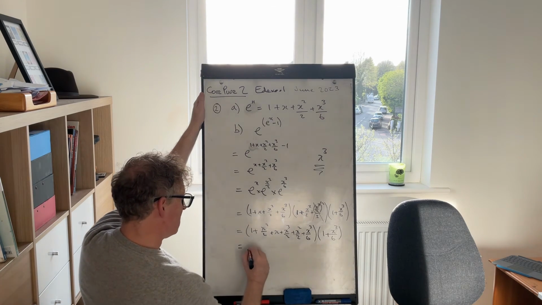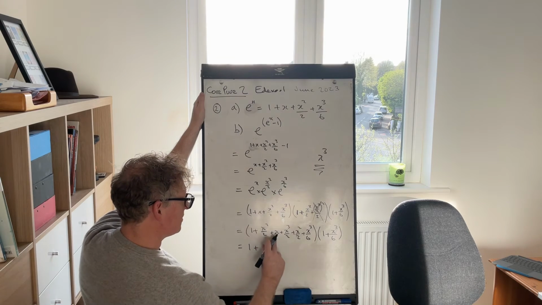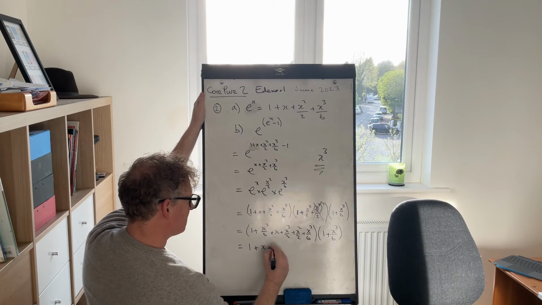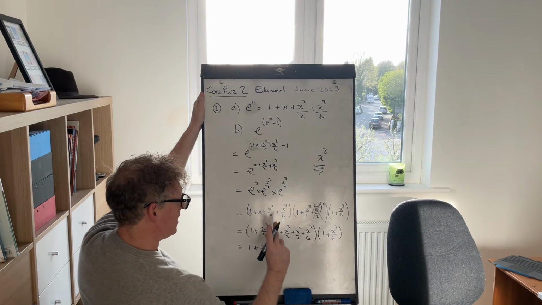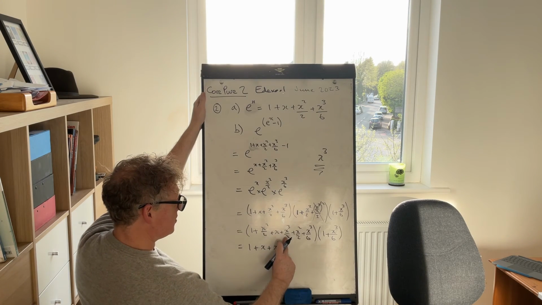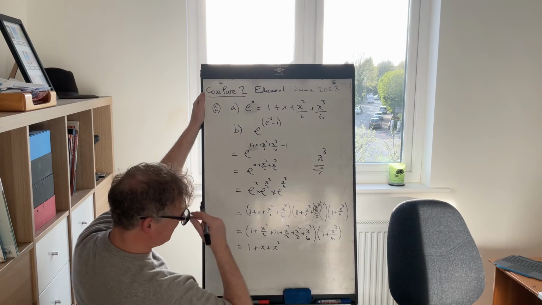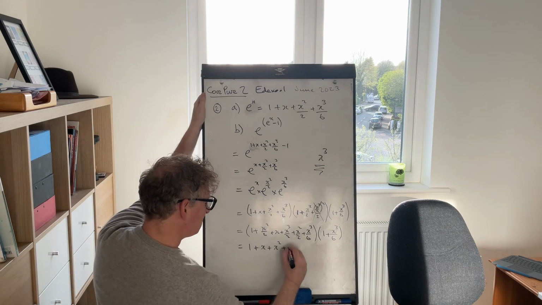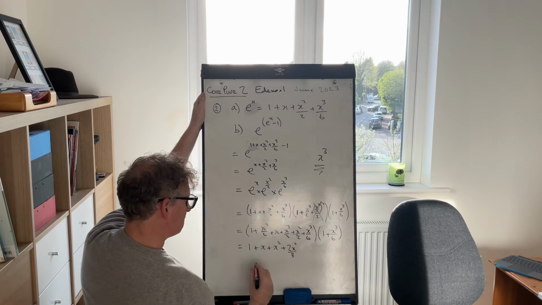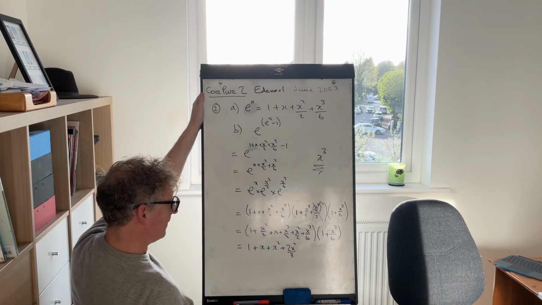Might have to tidy up here. So that's going to give me 1 plus a single x plus x squared over 2 and x squared over 2, so that's just x squared. And then x cubed over 2 and x cubed over 6 gives me 2x cubed over 3. Wow. Okay.